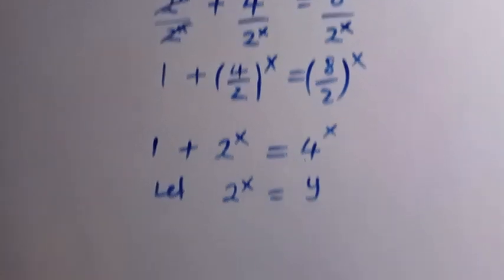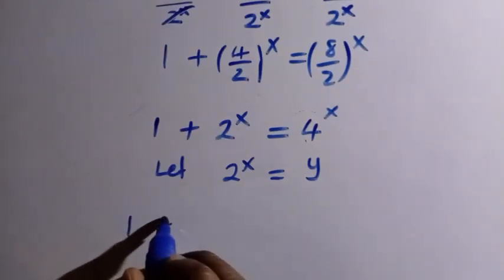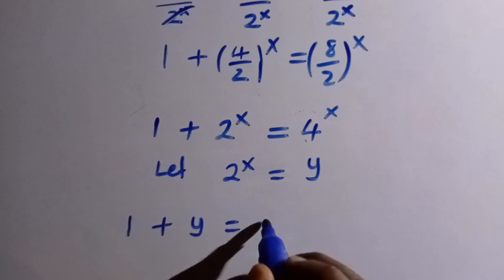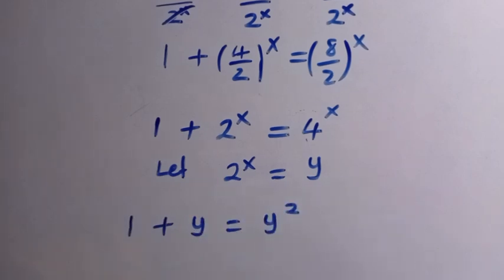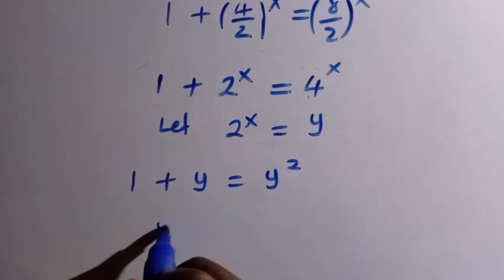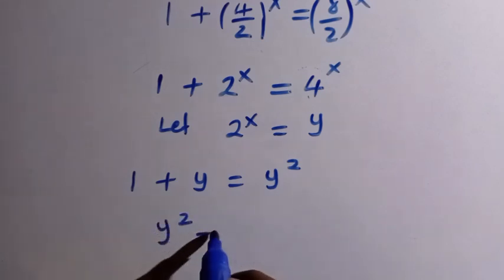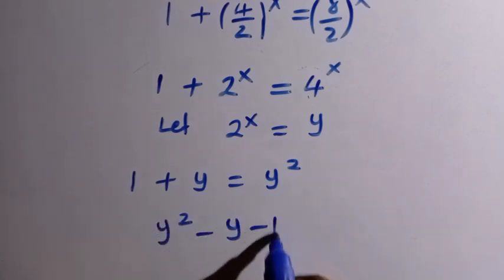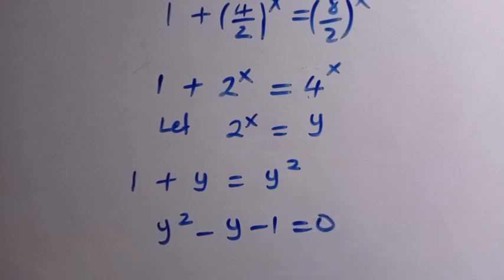When we let 2 power x equal y, this becomes 1 plus y equals y squared. Then we transfer the whole of this here, and therefore we have y squared minus y minus 1 equals 0.